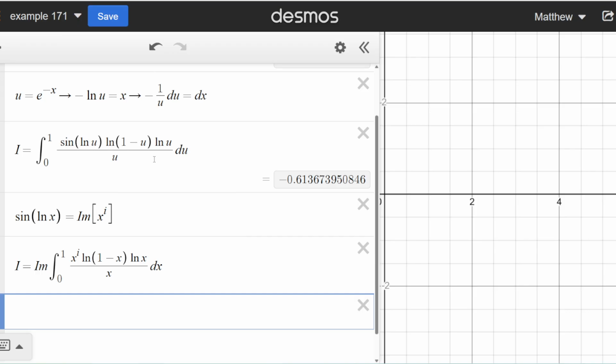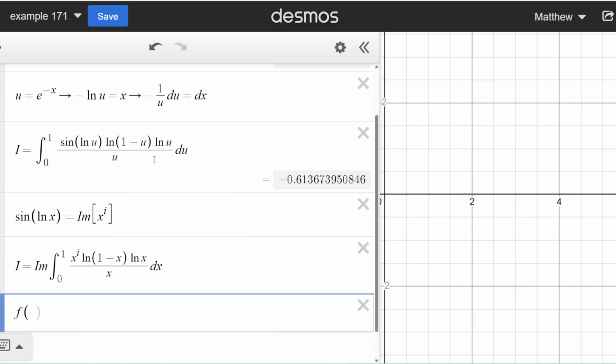Gosh, now what? Let's see. Okay, you'll notice that this and this are just x to the something. And if we take the derivative of x to the something with respect to that something, we will recover a natural log x.